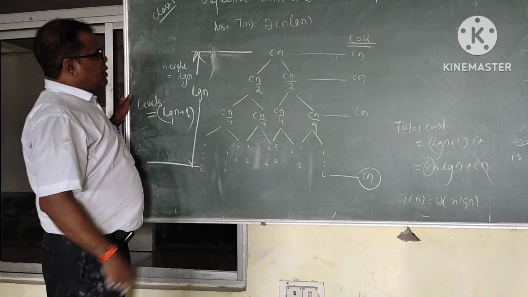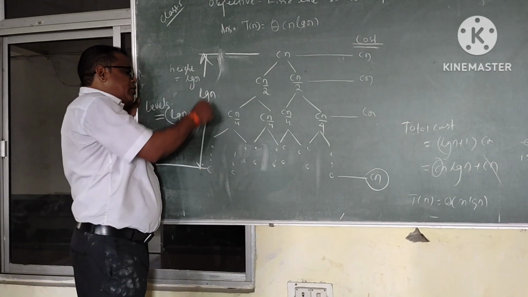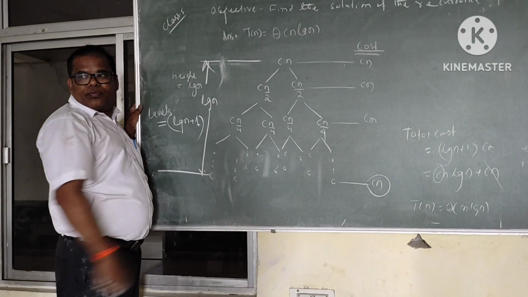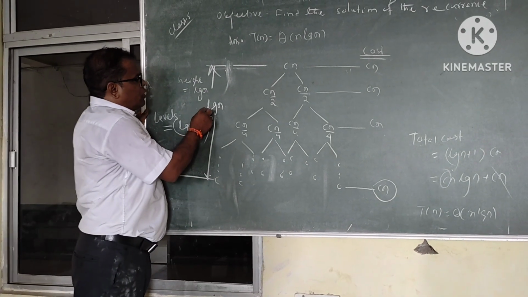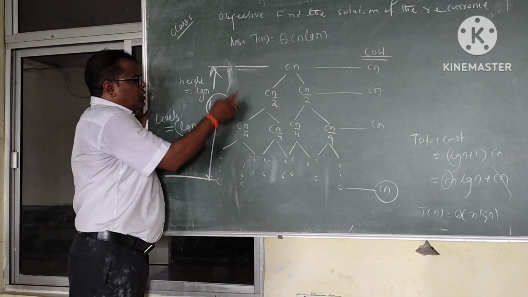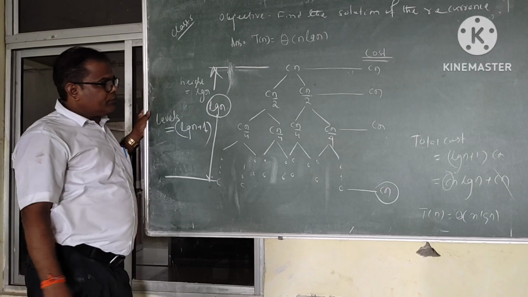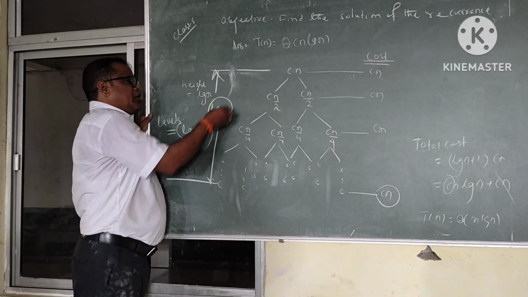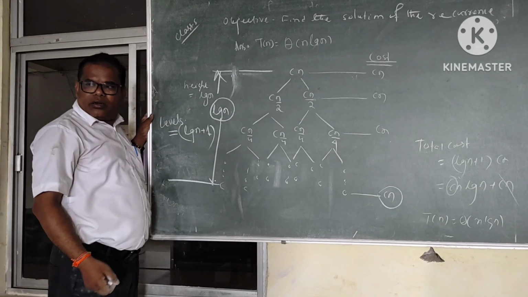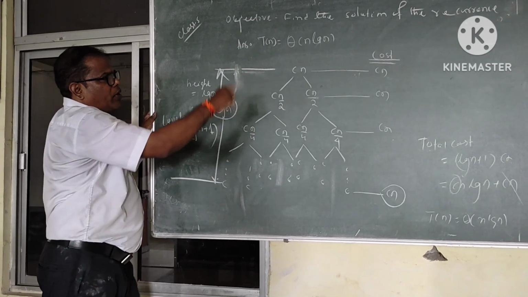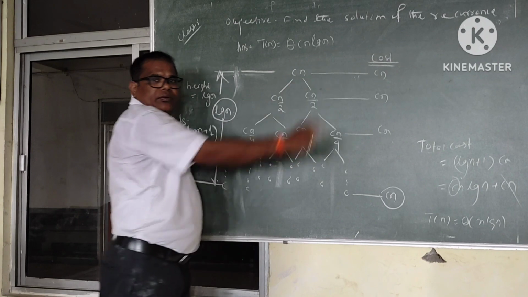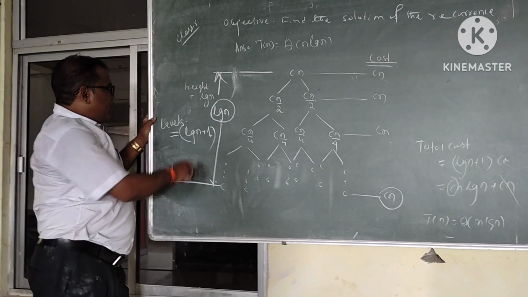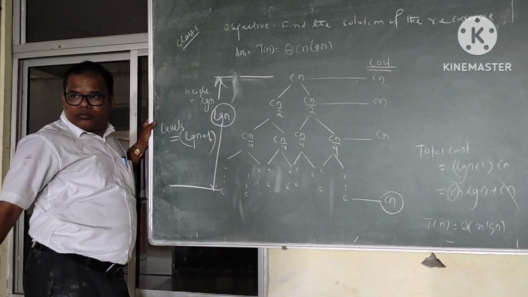For that, what do we have to find? We have to find the height of this recursion tree. The height of the recursion tree is equal to log n. If the height is log n, then the number of levels, because we are calculating the cost at each level, will be log n plus 1.